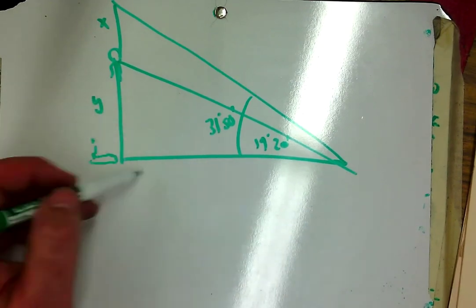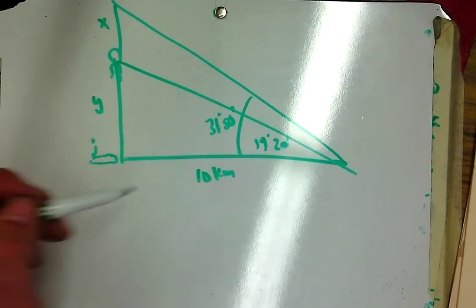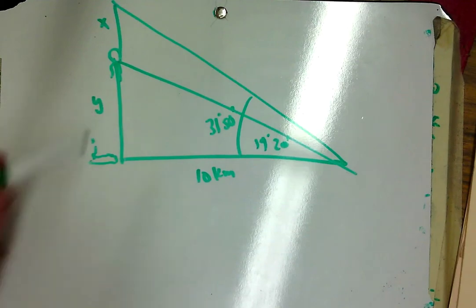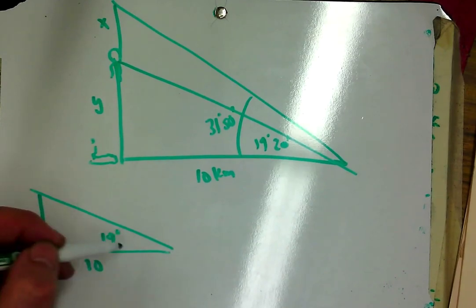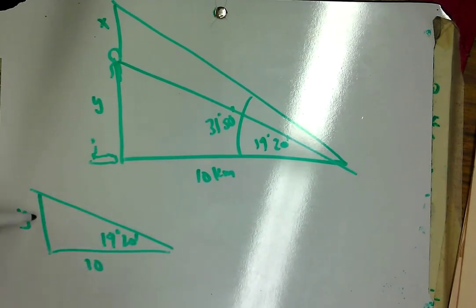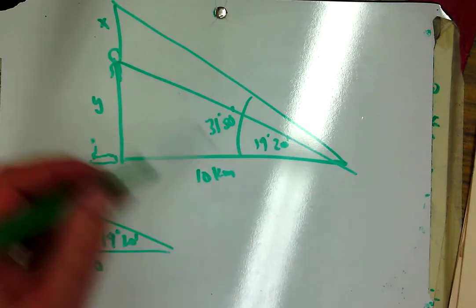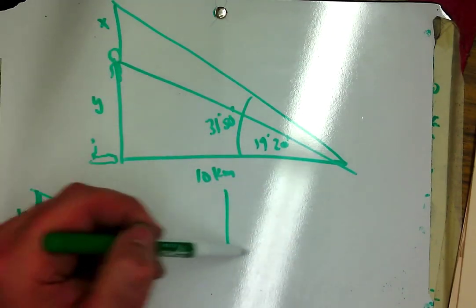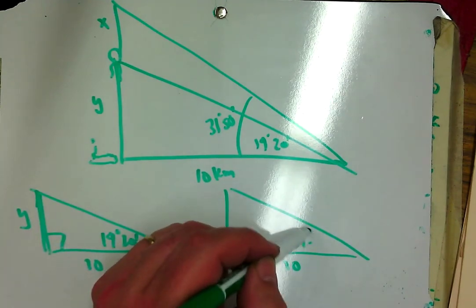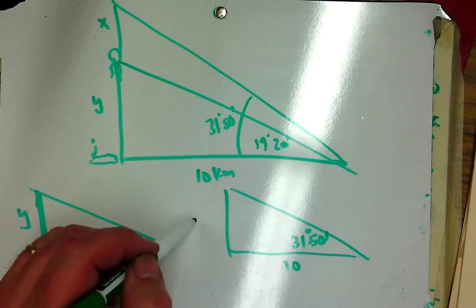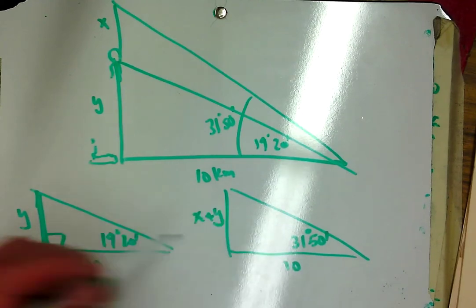Okay, and we're 10 kilometers away. So again, this is one of those draw two triangles problems. The first one, the small triangle, has y, 10, and 19 degrees 20 minutes. So I can use this triangle to find y. And then I have this other, bigger triangle. This is 10, 31 degrees 50 minutes, and this is x plus y.